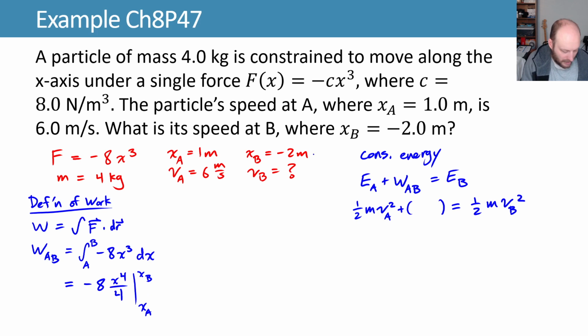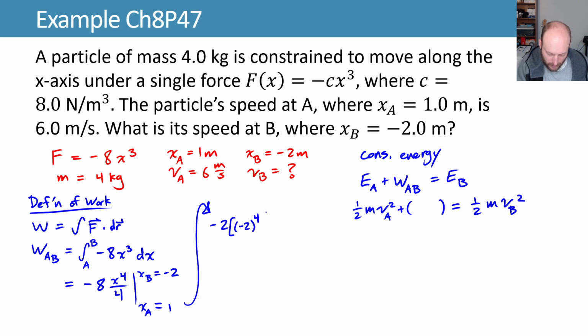And I could have actually plugged in numbers here. Maybe we should have. Let's do that right now. Xa is 1, xb is -2. So when evaluating this, we get -2x to the 4th, which gives us -2 to the 4th minus 1 to the 4th.